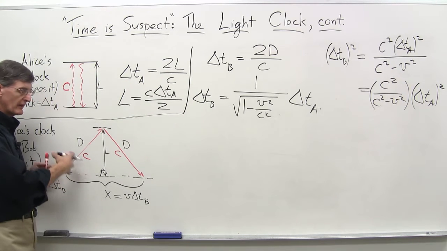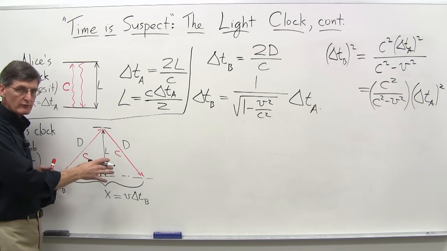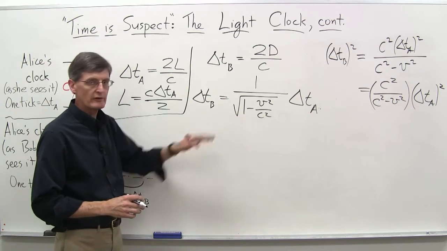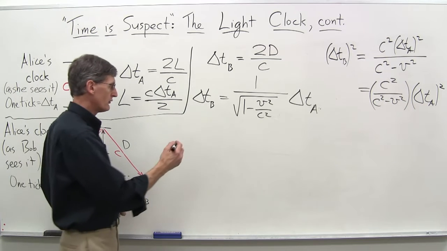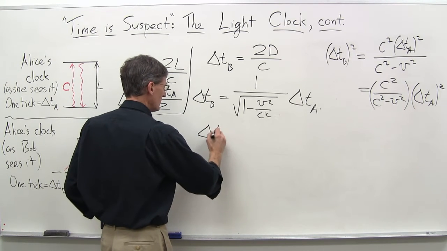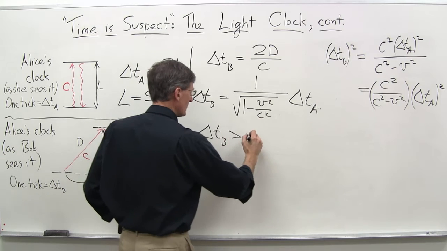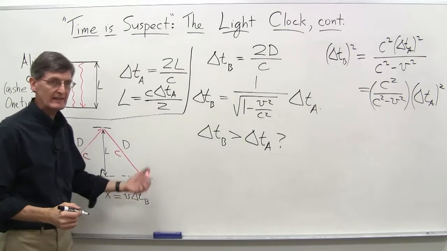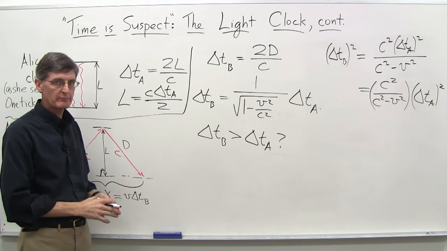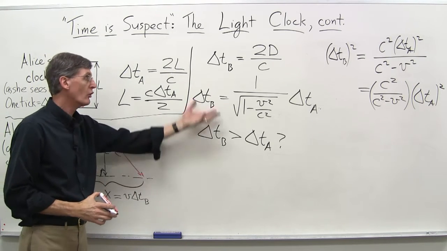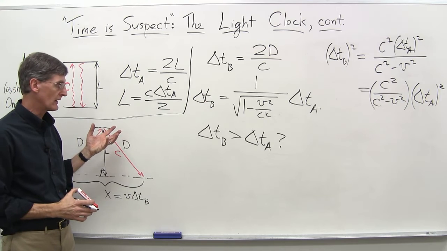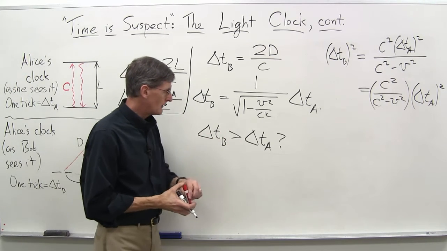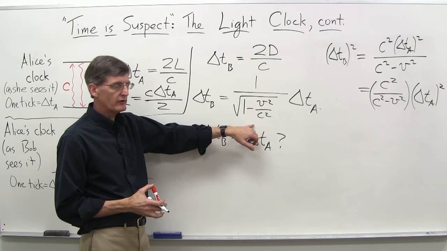Again, the idea is that the moving clock ticks more slowly from Bob's perspective. Does this result here also indicate that? Is delta TB greater than delta TA? If it isn't, after all that manipulation, then probably we made a mistake someplace along the way, or our earlier analysis is incorrect. So let's just think about this a minute, and let's also think about a couple extreme cases here.